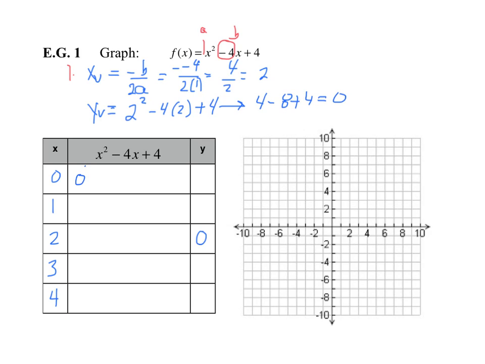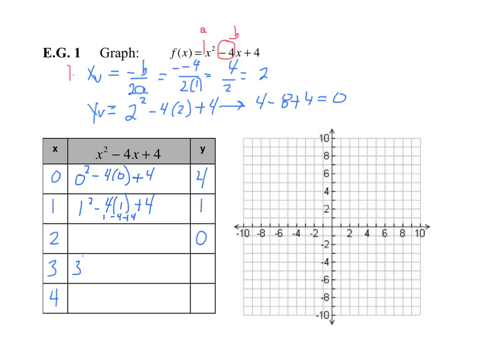Substituting 0 for x, we'll find that we get 4 for a y value. Substituting 1 for x, we have 1 minus 4 plus 4, which is a y value of 1.